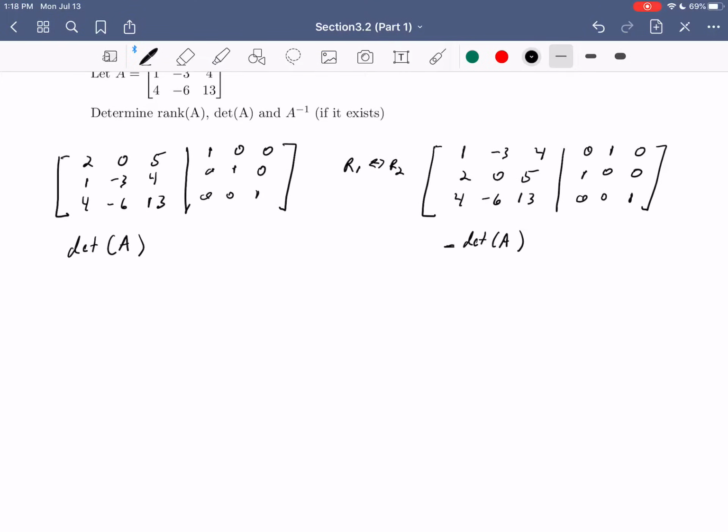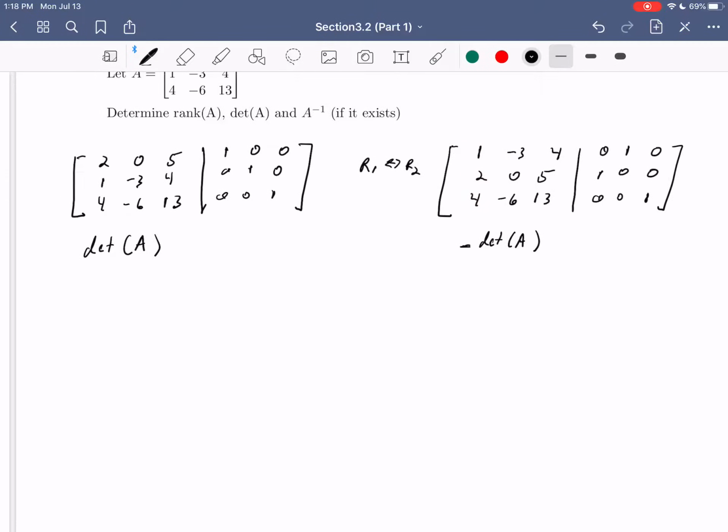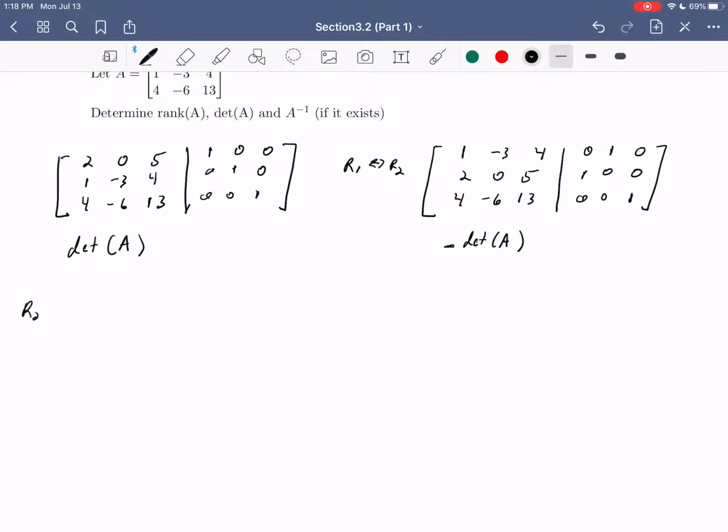Now we can use this to clear out the stuff below. Let's replace R2 with R2 minus 2 row 1, and R3 with R3 minus 4 row 1. So we have 1, minus 3, 4, then 0, 0 plus 6, so 6, and 5 minus 8, so negative 3.